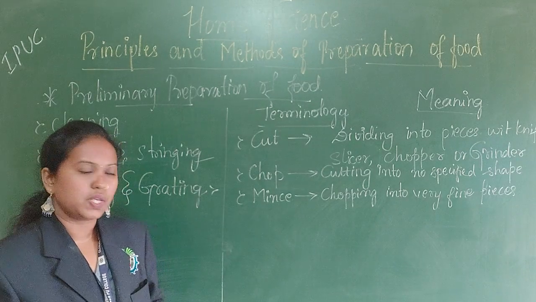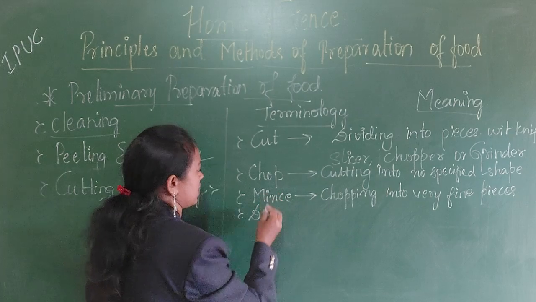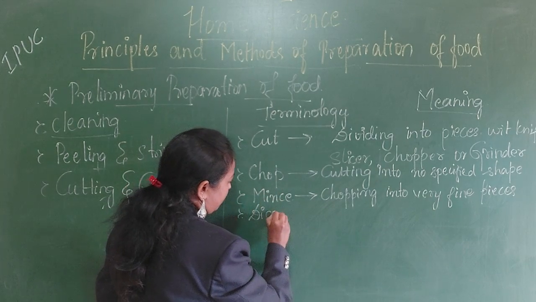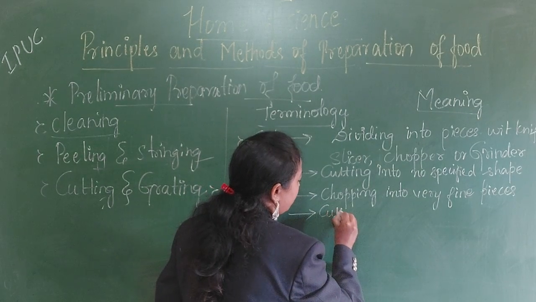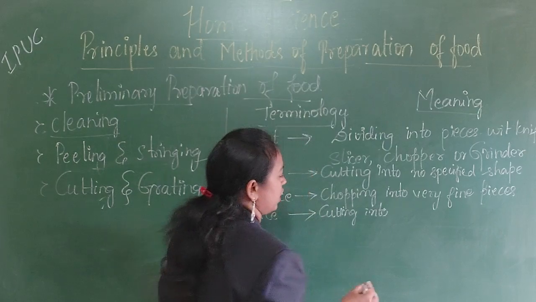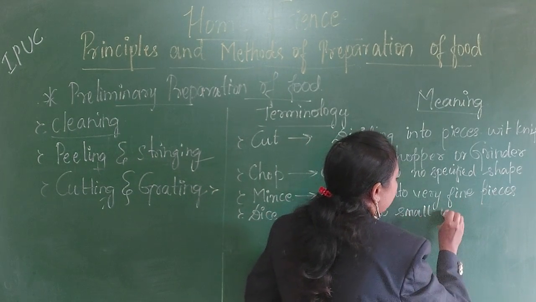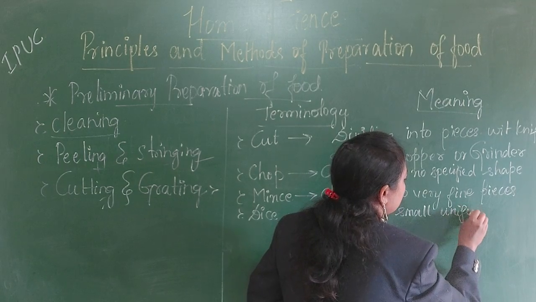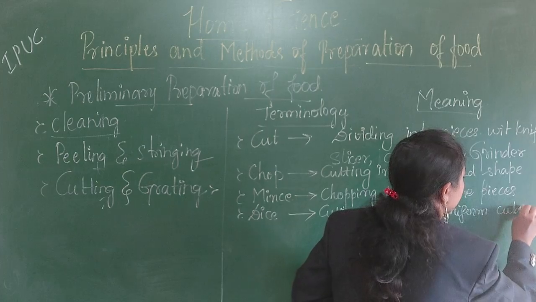The next term is dice. That means cutting into small uniform cubes.